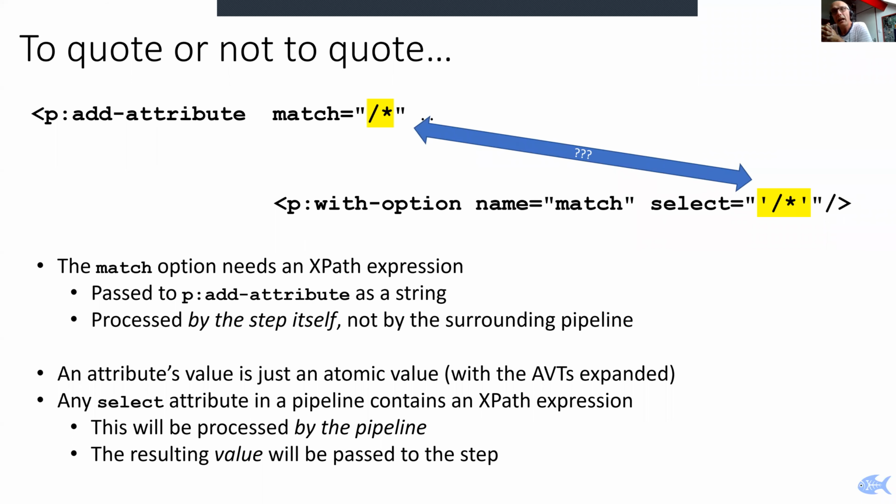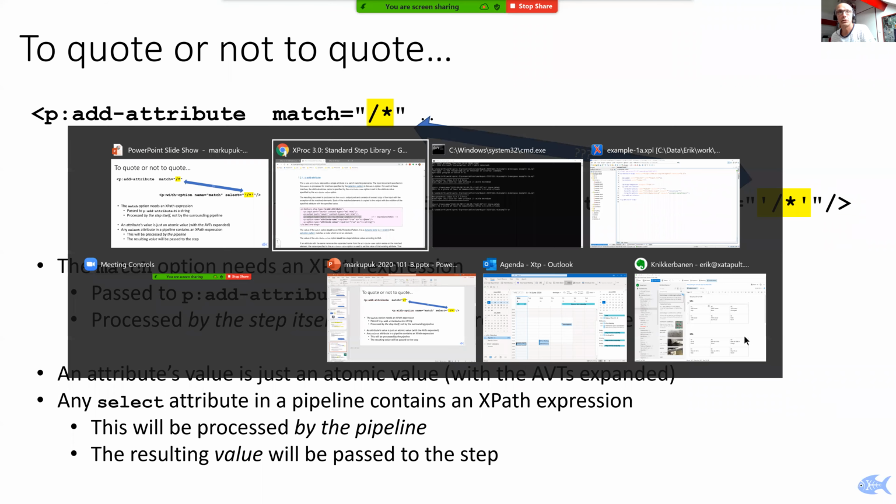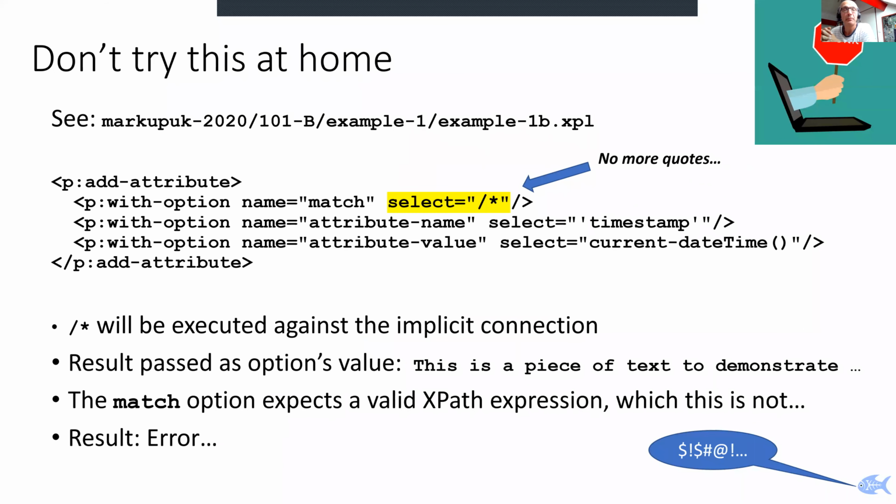So let's quickly have a look at what can go wrong if you do this wrong, because that's probably enlightening. As the title of the sheet says, don't try this at home, because it will result in an error, as we will show. Here is a match attribute where I deliberately left out the quotes, which means that /star will be executed against the connection of p:add-attribute, the implicit connection, which is the document that flows in.